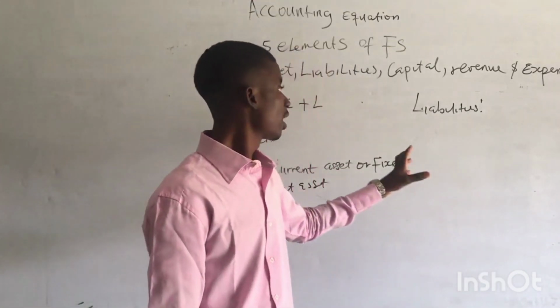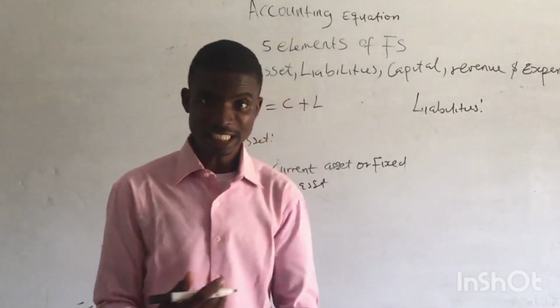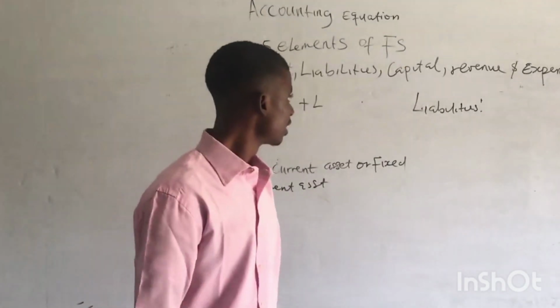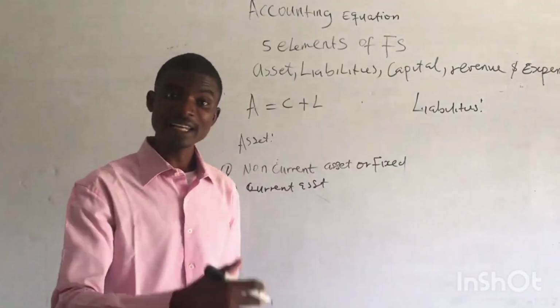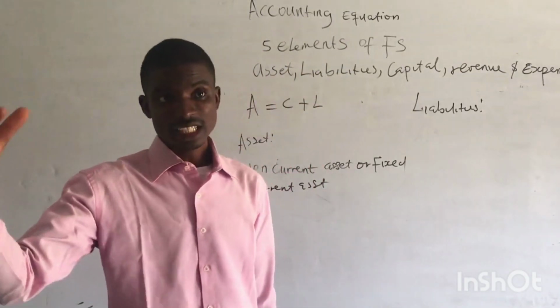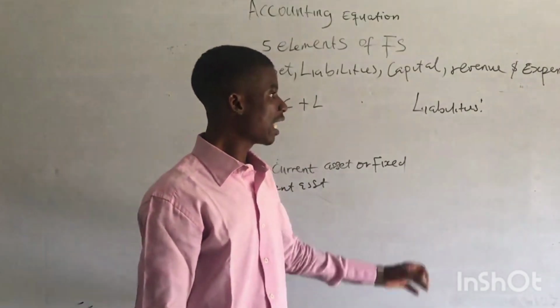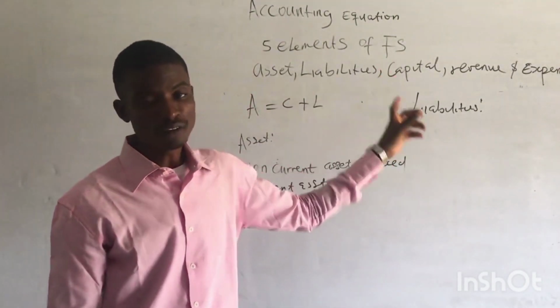They are the amount owing. They are the amount that the business owes to the outsider. It is the financial responsibility of a business to transfer economic resources to an outsider as a result of a past event. So a liability is the claim of the outsiders on the total asset of the business.